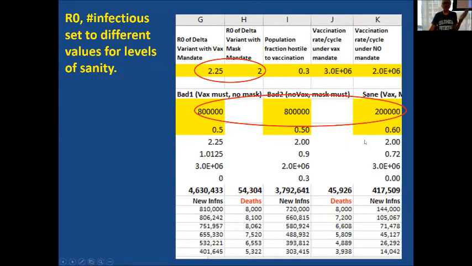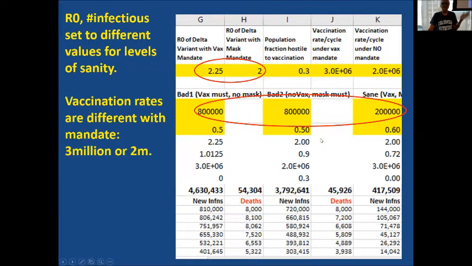So in the places I call sane, where there are a lot of restrictions, mandates, and so on, I would expect fewer people to be infectious even at the start of the simulation. And so this is 200,000, whereas I think I had a much higher number, 1.5 million, in the insane states. And again, vaccination rates can be different depending on whether you have a mandate or not.